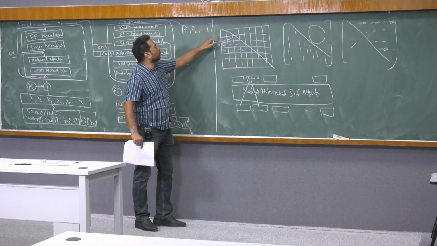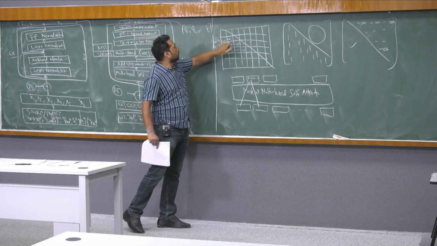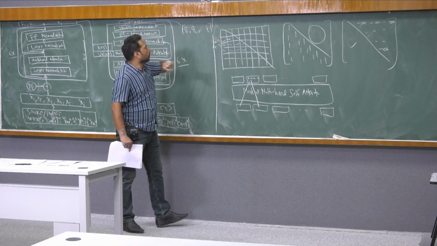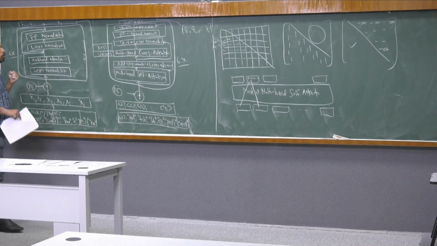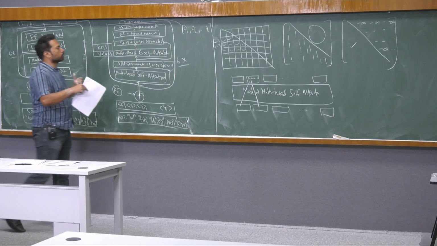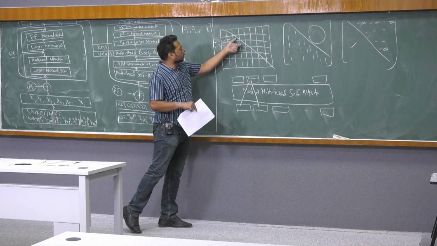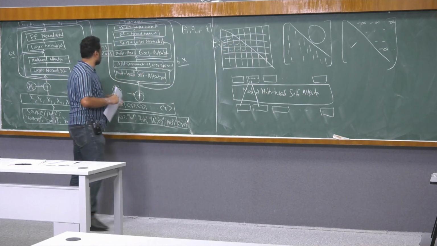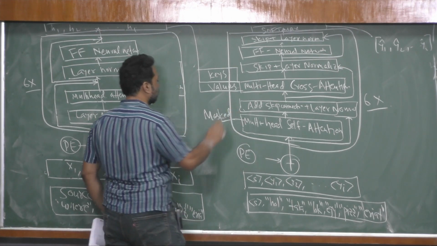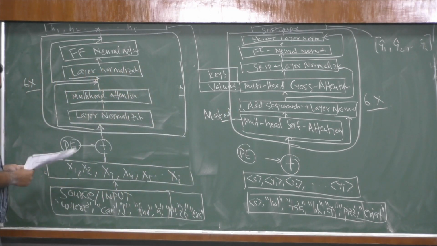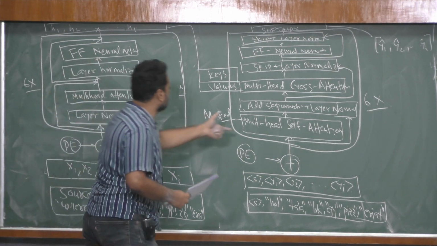If it's the first word, it only has access to the first one. If it is going to produce the third word in the sequence, it has access to the previous two, because it needs to see the previous two words produced, and based on that it will learn what to produce next. So this changes to masked multi-head attention. That's the difference from the encoder to here.